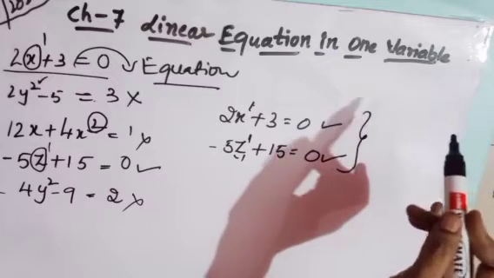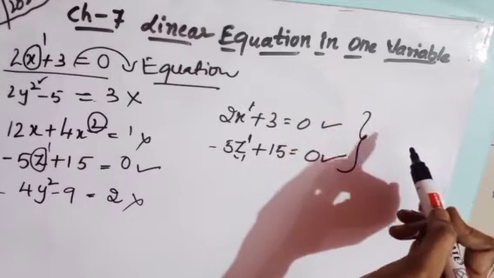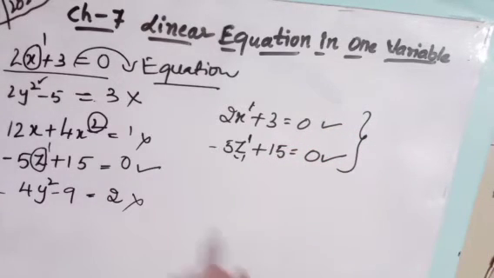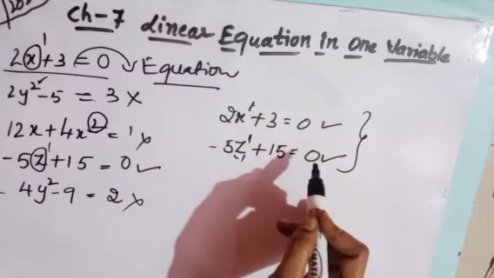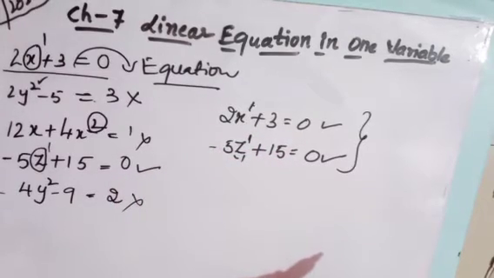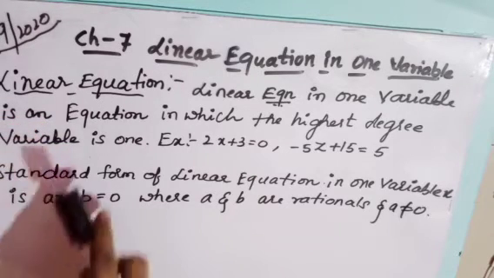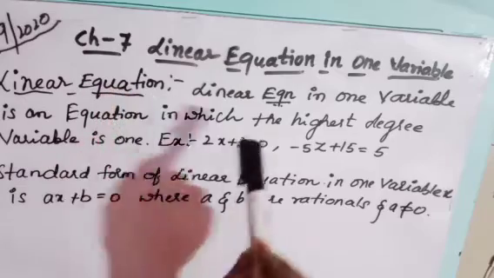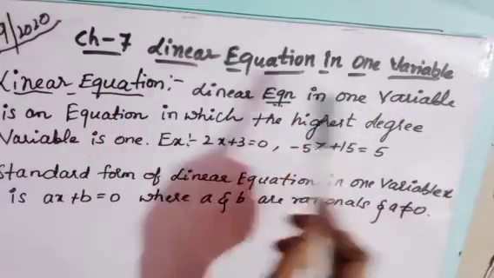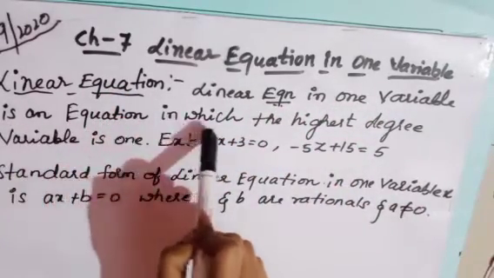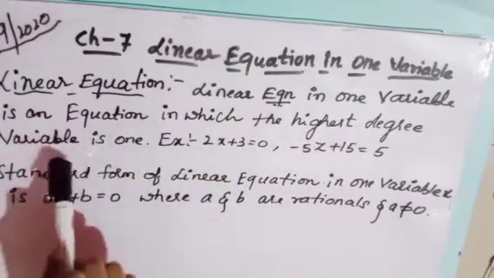So this is about the linear equation. Now let us write the definition of the linear equation. Linear equation in one variable is an equation in which the highest degree of the variable is 1.